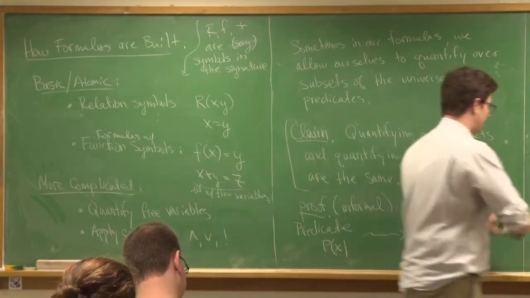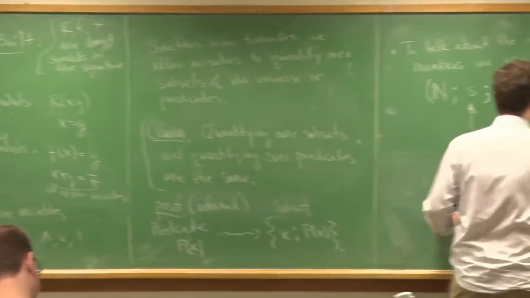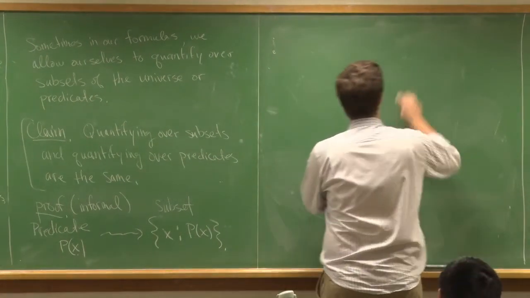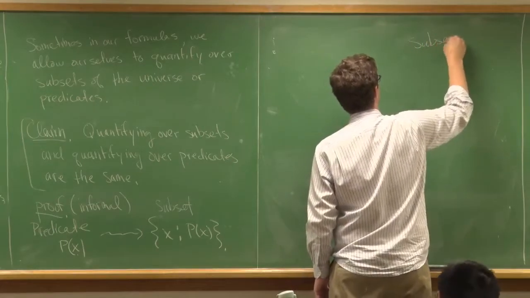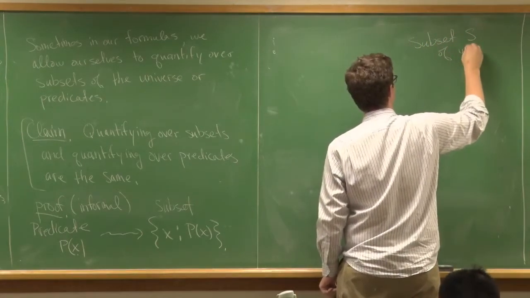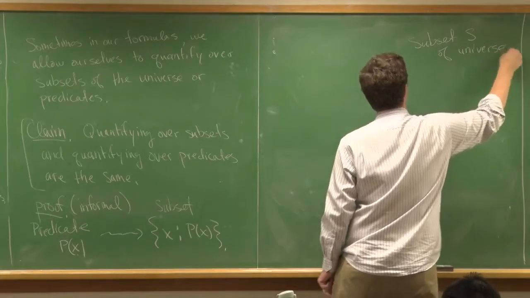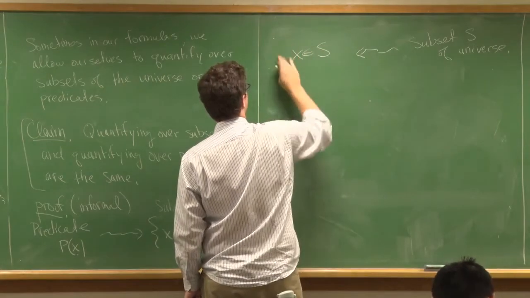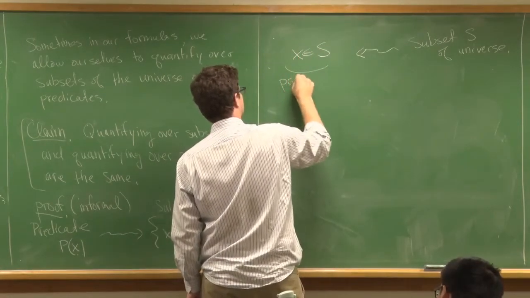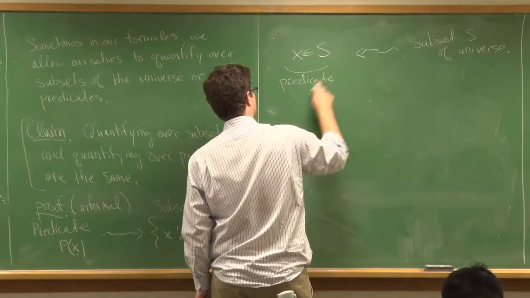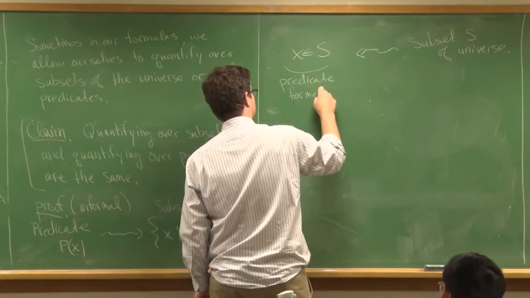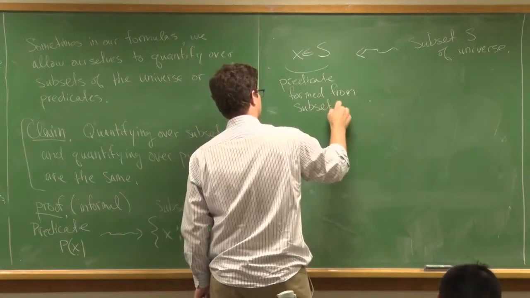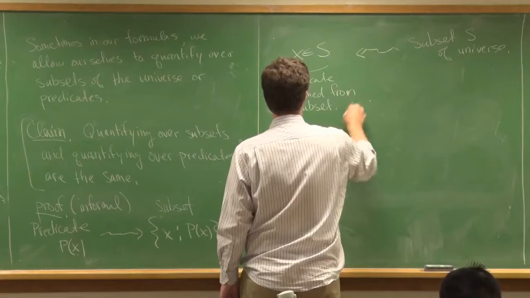Similarly, if you have a subset S of the universe, we can go this way to get a predicate: x is an element of S. So this is a predicate formed from the subset. So these are really the same thing.